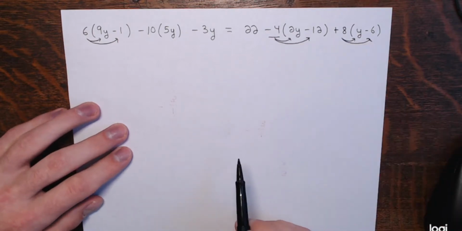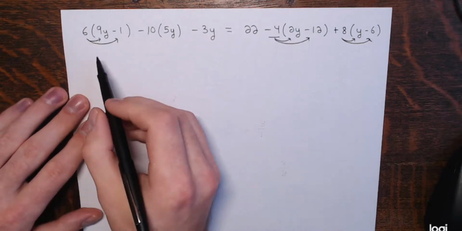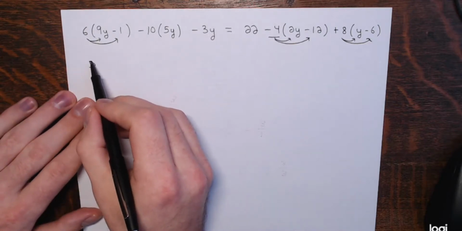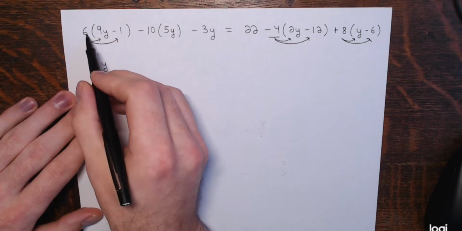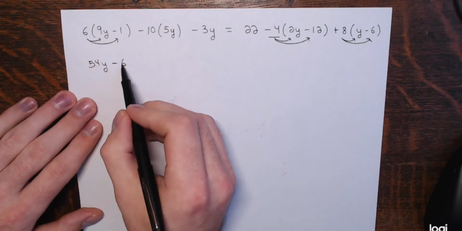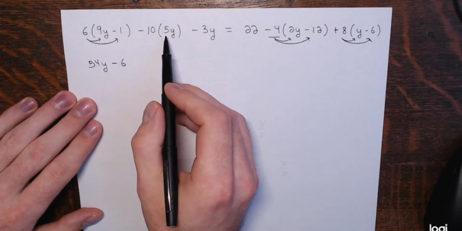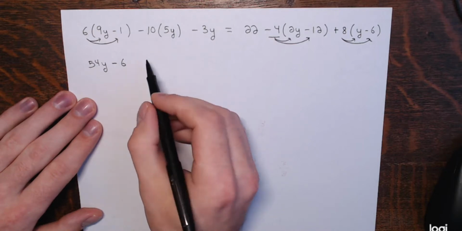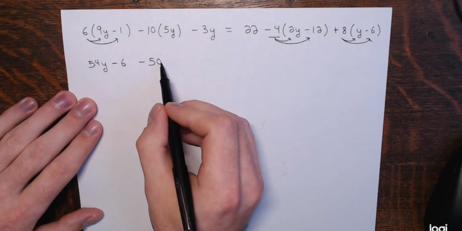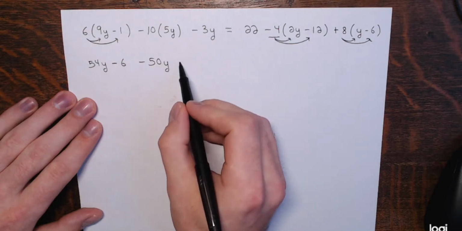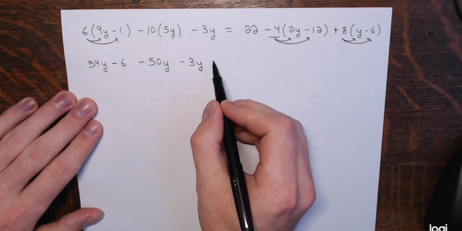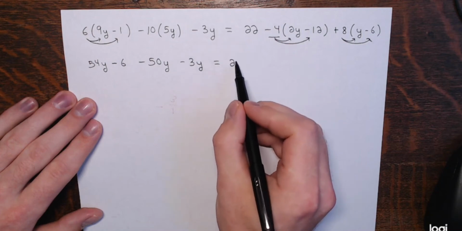Right. So here we have, 6 times 9y is 54y. Then 6 times negative 1 is negative 6. Then I'll just multiply these, right? You're doing multiplication first before addition and subtraction. Negative 10 times 5y would be negative 50y. And we have minus 3y still. All right. Equals, and then you still have the 22 there.